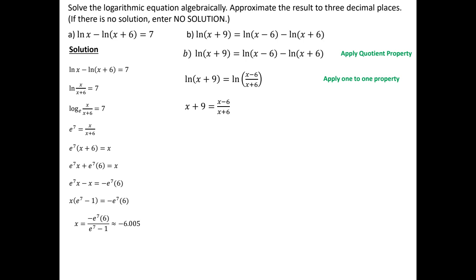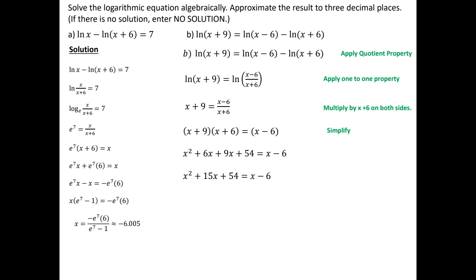I'm going to do the same thing that I had done on the left side here. I'm going to multiply by x plus 6 on both sides. This is a FOIL on the right side. Go ahead and do that. Simplify by distributing or doing the FOIL. Condense my equation by combining my like terms. Now, since I see I have a quadratic, I'm going to move everything to one side.